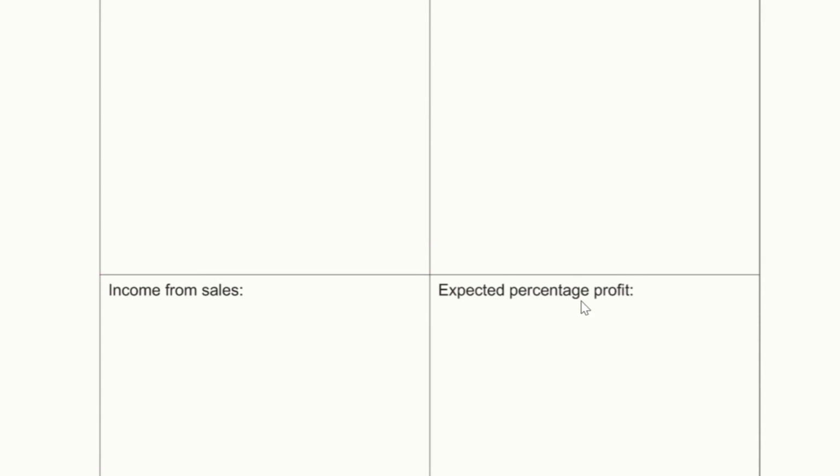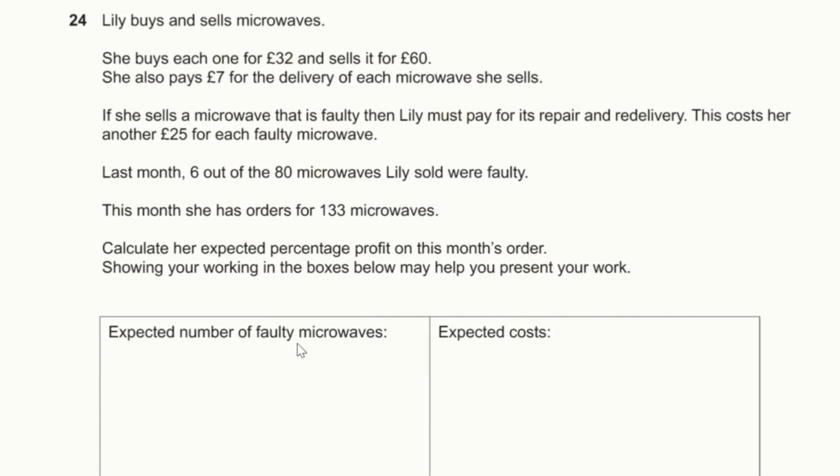Now, here we've got expected number of faulty microwaves, the expected cost, the income from sales, and the expected percentage profit. What we can do is find out the expected number of faulty microwaves. This month she's ordering 133 microwaves. Last month, 6 out of 80 were faulty.